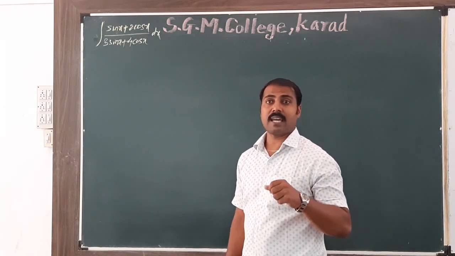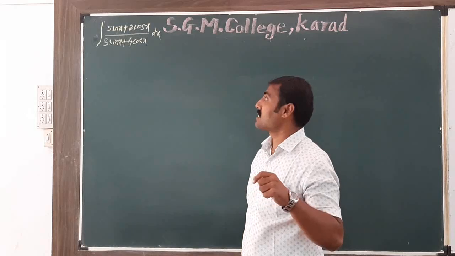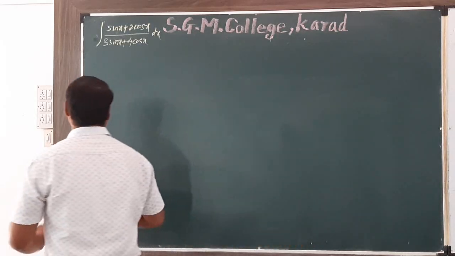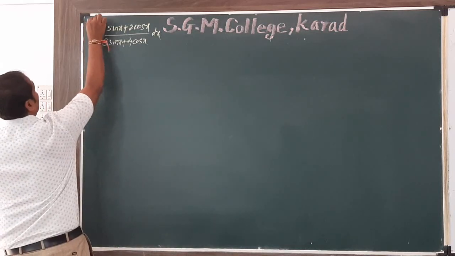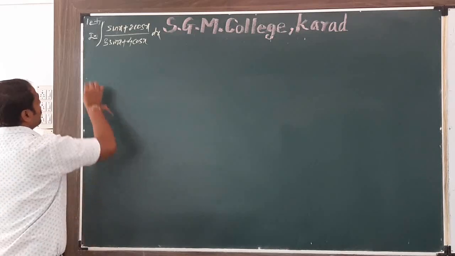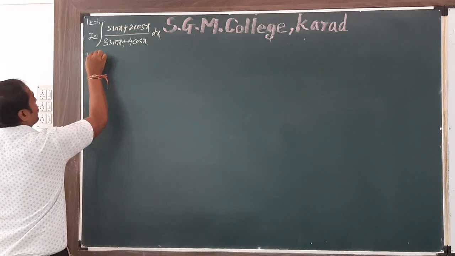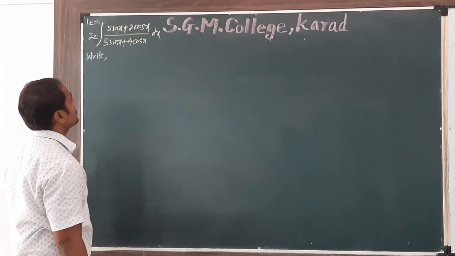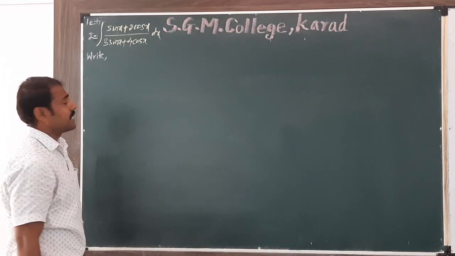Integration of (a sin x + b cos x) divided by (c sin x + d cos x). Okay, considering, let the solution of the integration be, let I be equal to integration of (sin x + 2 cos x) divided by (3 sin x + 4 cos x) dx.